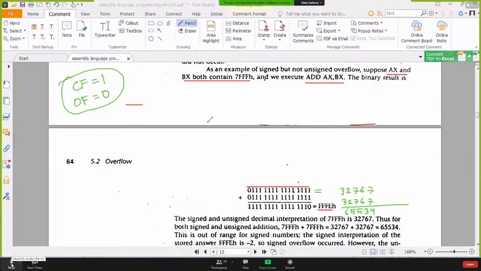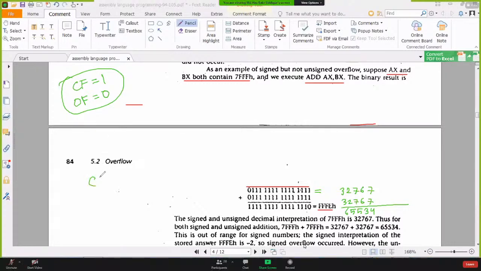Within, sir. Within the unsigned range. That's why, what do you think, is there an unsigned overflow for this case? No, sir. Okay, so there is no unsigned overflow for the second case.